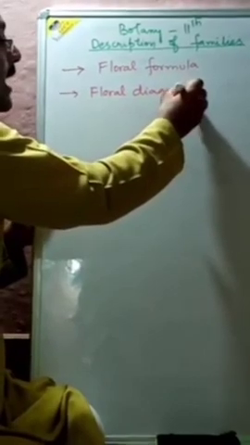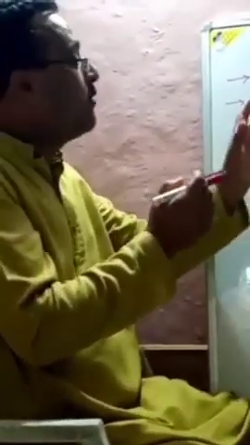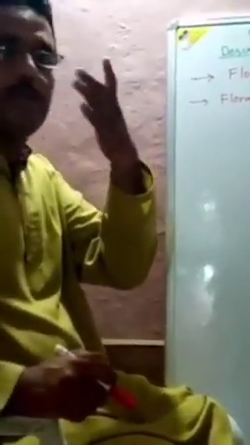Here we draw the diagram of the flower, but not a complete diagram of how it looks. In a very precise form we draw the diagram, and in that diagram we show the different whorls of the flower in a diagrammatic way. That is called the floral diagram.